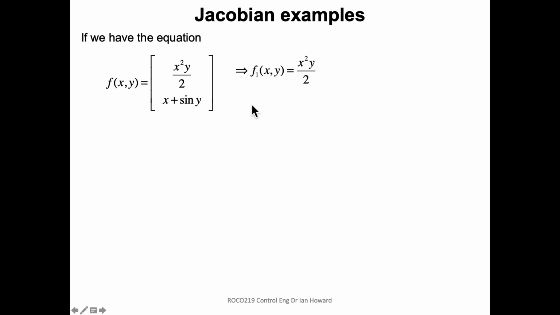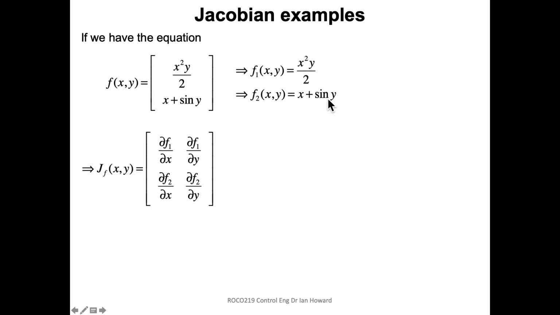So we need to calculate, first of all, the derivative of the first function with respect to x and then with respect to y, and then the second function with respect to x and with respect to y. So let's do f of x, y. The first function here is x squared y divided by 2, and the second function, the second row, is x plus sine y.